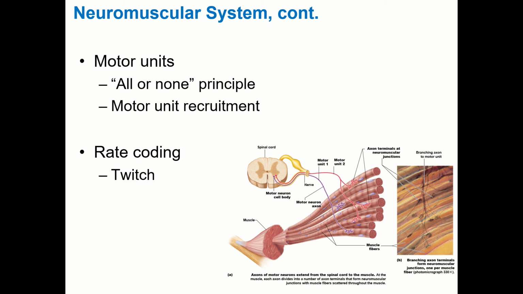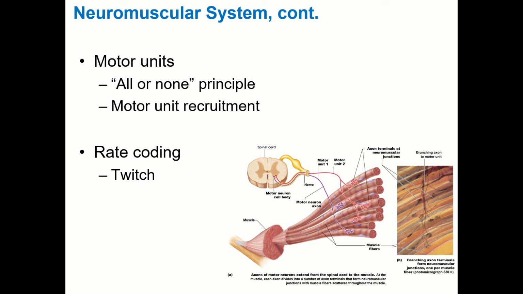They're going to contract. And so because of that, we recruit motor units from smallest to largest whenever I am lifting objects or whenever I am moving. So if I'm doing something that requires very minimal effort, let's say I'm lifting something fairly light, like a TV remote control or my phone, those weigh only a few ounces.